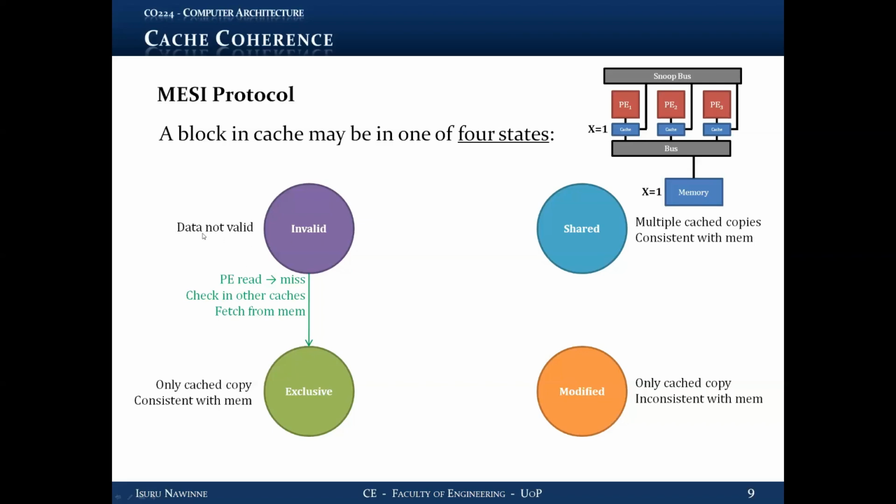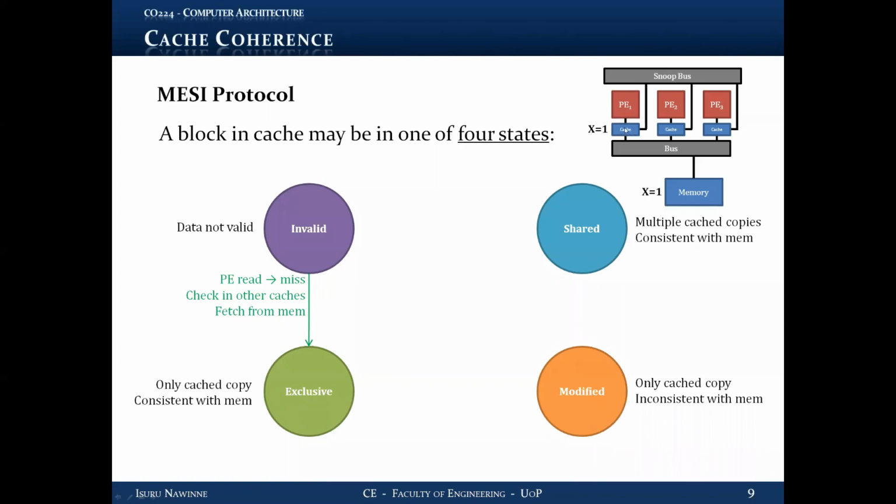So the data block is invalid. Check in other caches, not there, negative response. Fetch the value from the memory. And when the value is fetched from the memory, the state transitions from invalid to exclusive. What does exclusive mean? Only cache copy, consistent with memory.